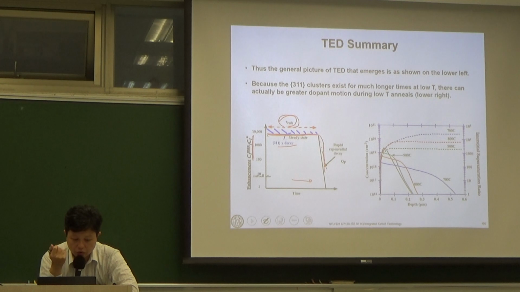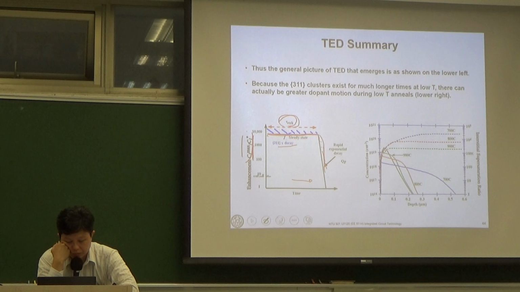During this supersaturation time region, you can see the TED enhancement can be quite large, like 10,000, and it begins to drop exponentially. On the right hand side, we can see how that affects our diffusion profile.